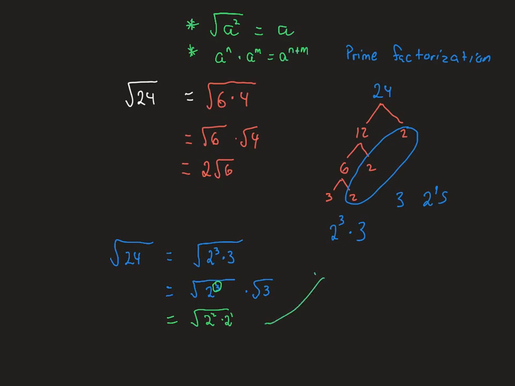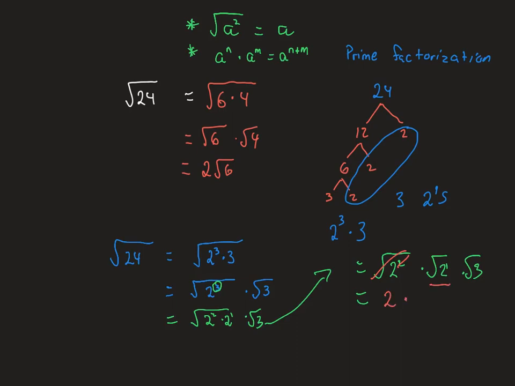So let's continue this here. So I can split this up even more into square root of 2 to the 2 times 2 to the 1 times the square root of 3. Well, 2 to the 2, when I take the square root of it, it goes away, leaving me with 2.